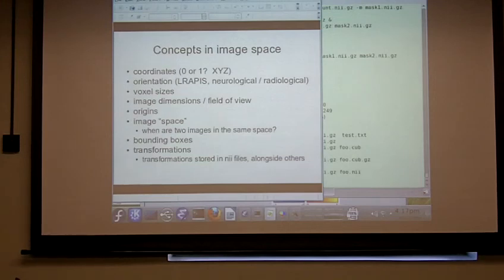So 2 images that are in the same space can have completely different dimensions for the volume. One can have 1 millimeter voxels, 181 by 217 by 181, which is a typical 1 millimeter MNI space volume. The other one can be 53 by 63 by 47, which is a 3 millimeter volume that we frequently have in the past used for normalized functional data.